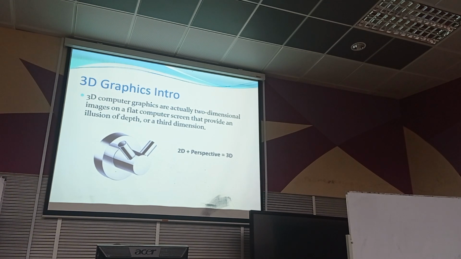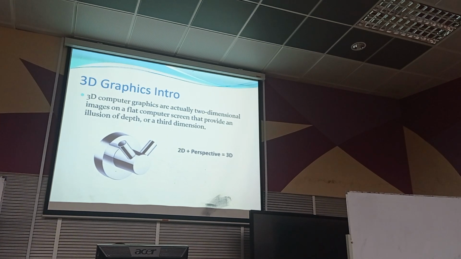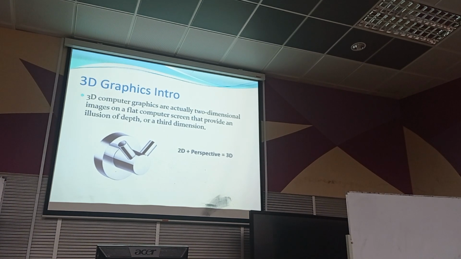Even though the model is 3D, if you only view from the front view or top view, it's still flat. You can still see 2D. So to make it look like 3D, you have to use perspective view. 2D plus perspective, you get 3D.